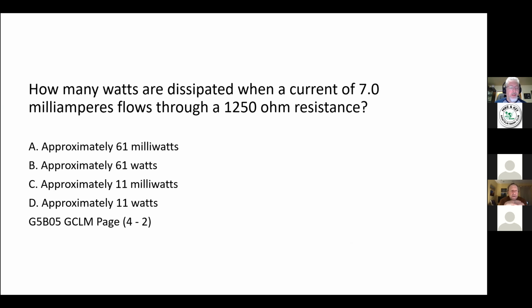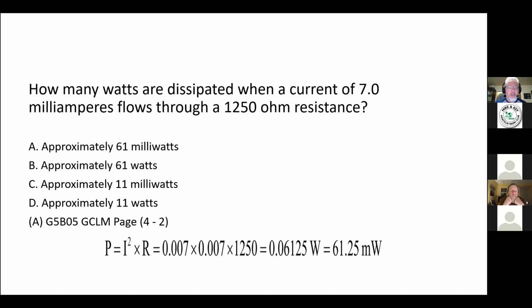Alpha is correct, and the formula is P equals I squared times R, which equals 61.25.